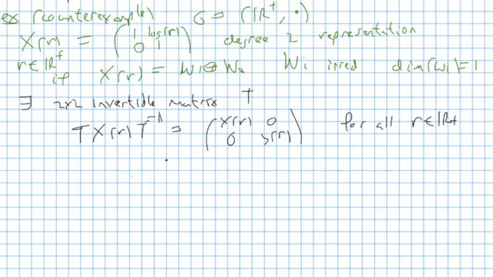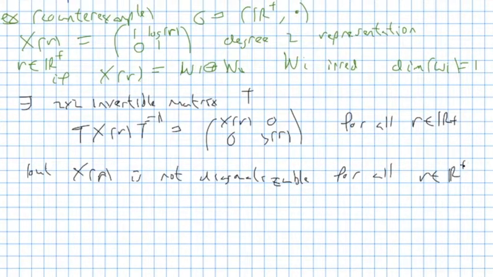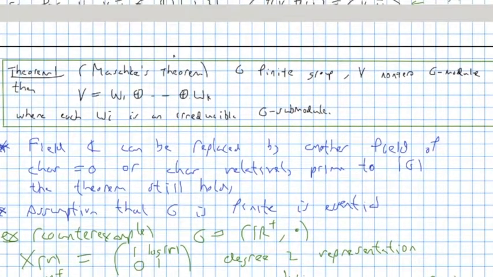But the contradiction is that X_r is not diagonalizable for all r. In particular, the only possible eigenvalue of this upper triangular matrix is 1, but this matrix actually is not diagonalizable for all r.